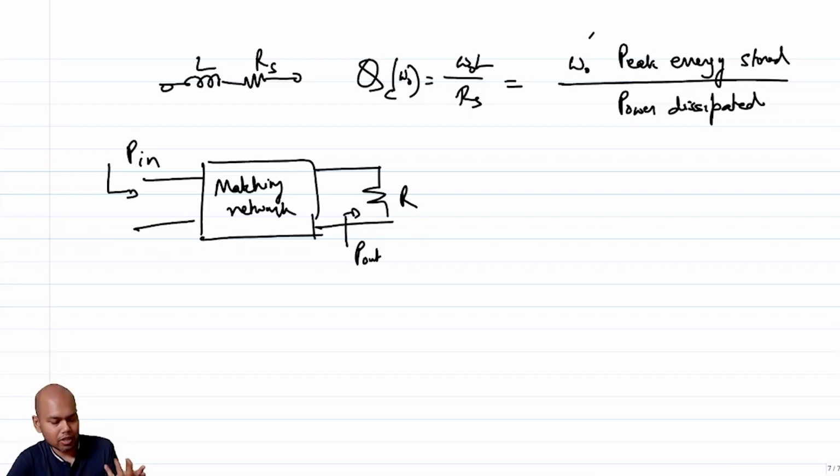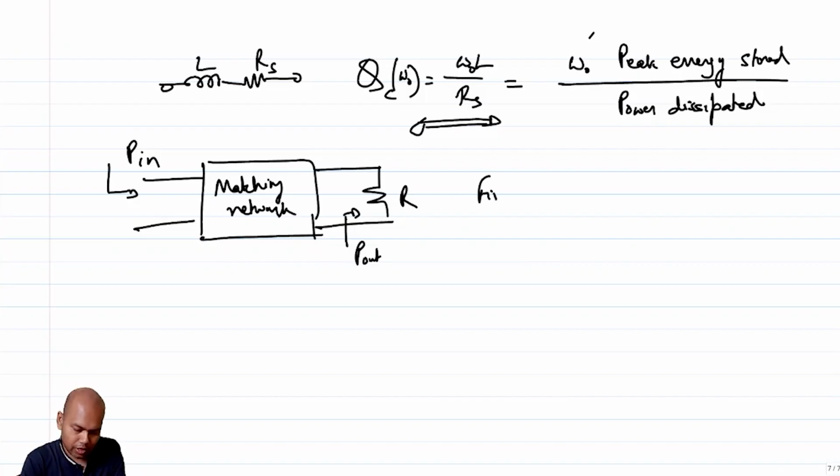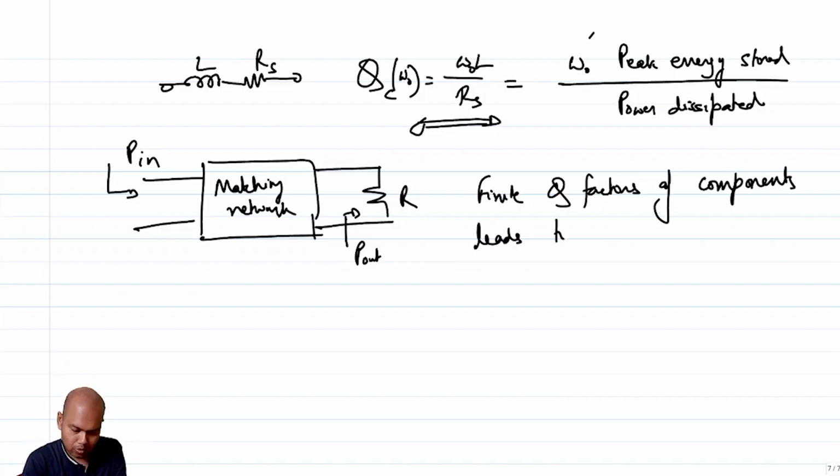One way to think about the source of loss is the finite Q factor of your components. Your capacitor will have a finite Q factor, your inductor will have a finite Q factor. So finite Q factors of components lead to losses in the matching network.